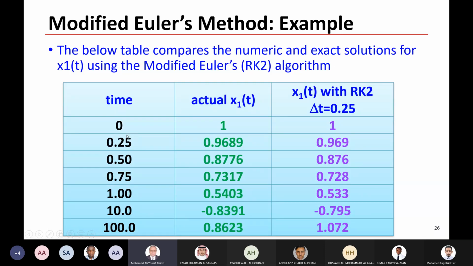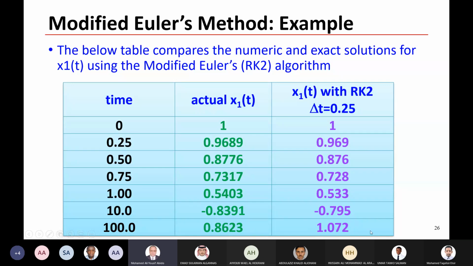So this is the time. Again, delta t equal to 0.25 up to 10 seconds here. This is the actual value. It is, as you mentioned here, bounded by plus minus 1. And this is for Runge-Kutta method, the second order or modified Euler method.